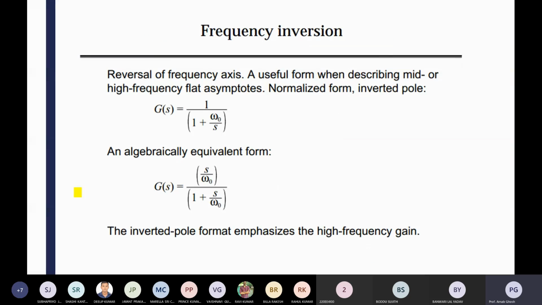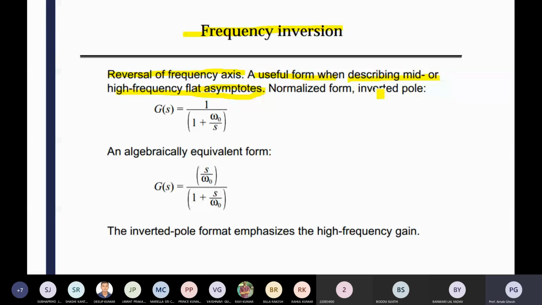I think all of you are able to understand this simple thing. The frequency inversion is an important thing. I told you the importance of frequency inversion: the reversal of the frequency axis, a useful form when describing the mid or half frequency of the flat asymptotes.